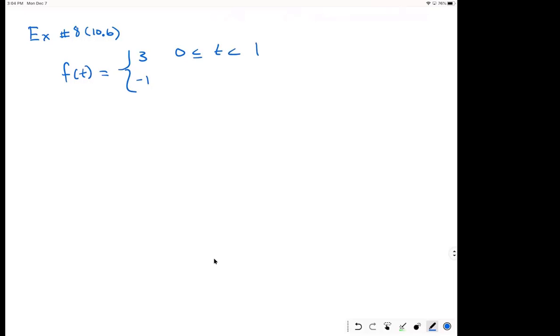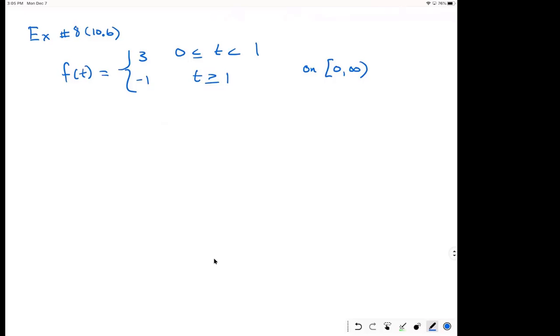So t lies in between 0 and 1, including 0, but not including 1. And then the output is negative 1 when t is bigger than 1. And then we're asked to do that on 0 to infinity.